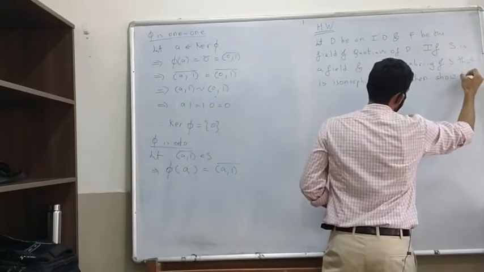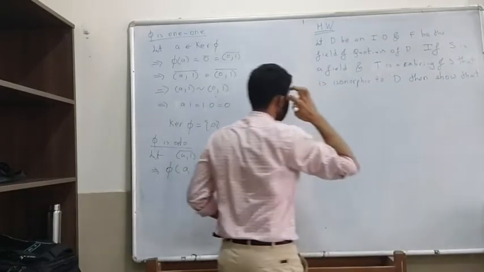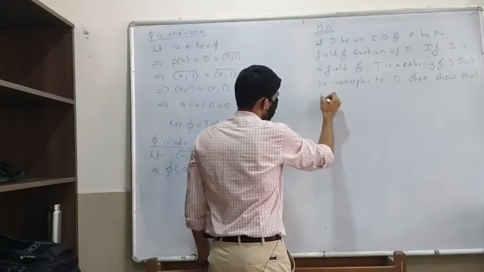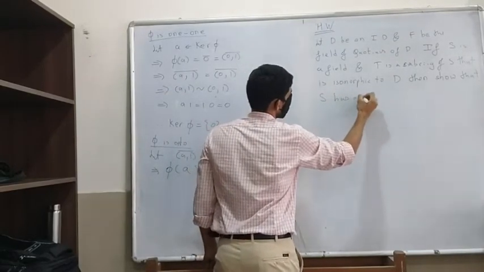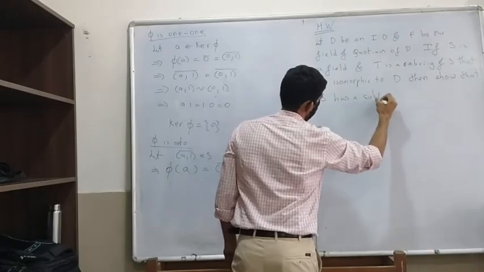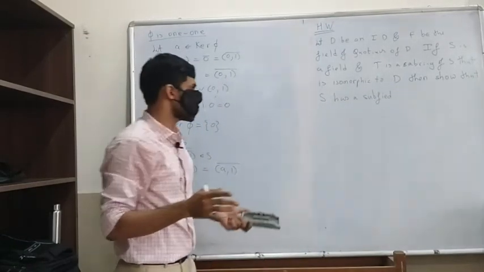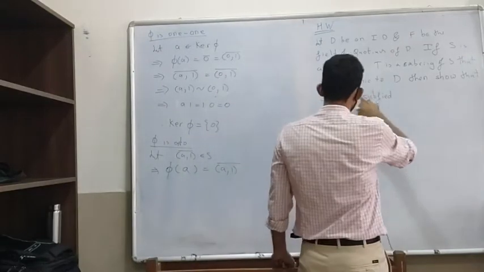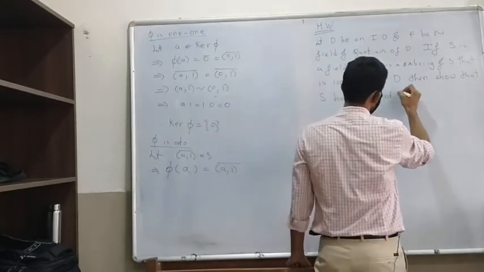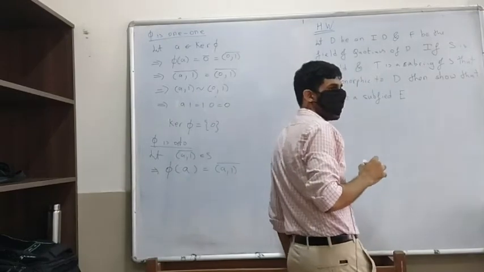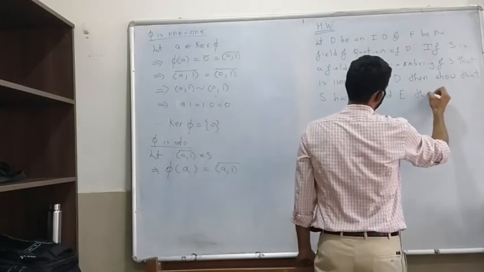Then show that S has a subfield, let's call it E, that is isomorphic to F. In fact, you don't need to show it's a subfield, you just need to show that it's a subring.